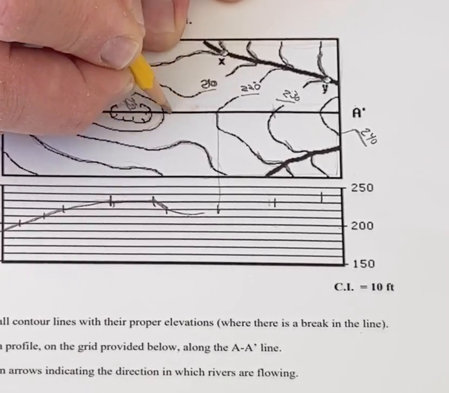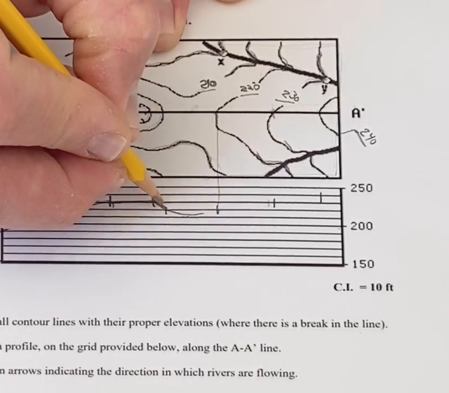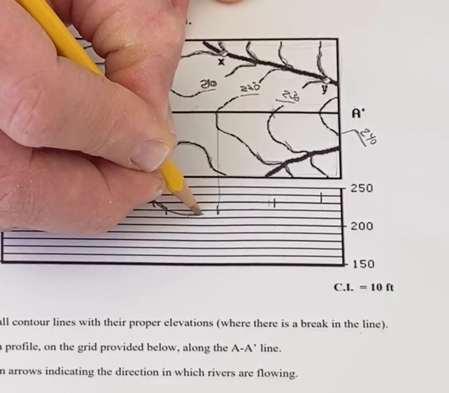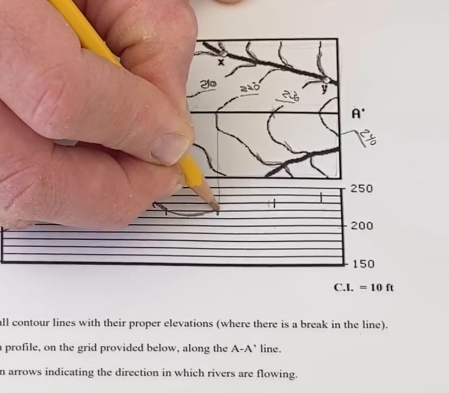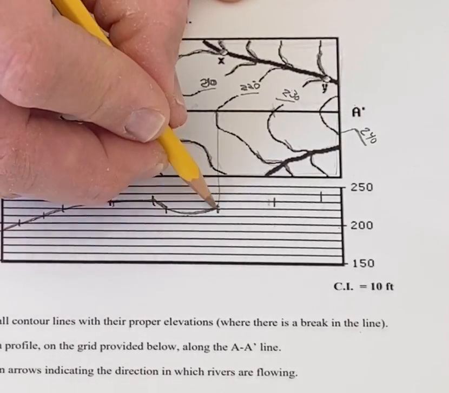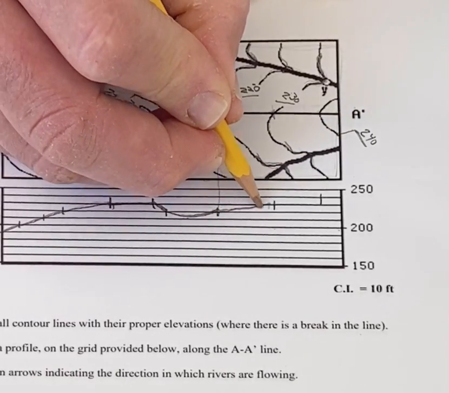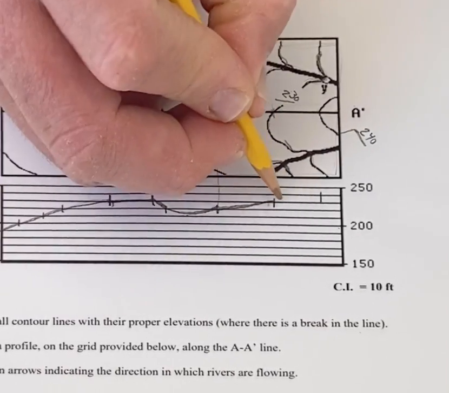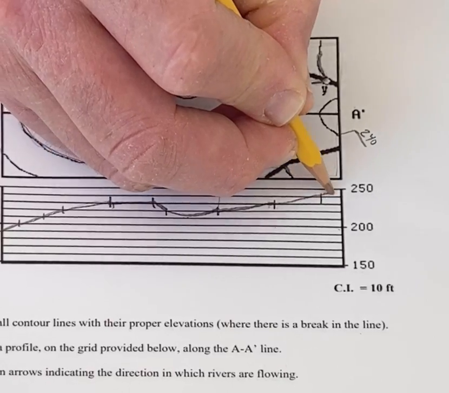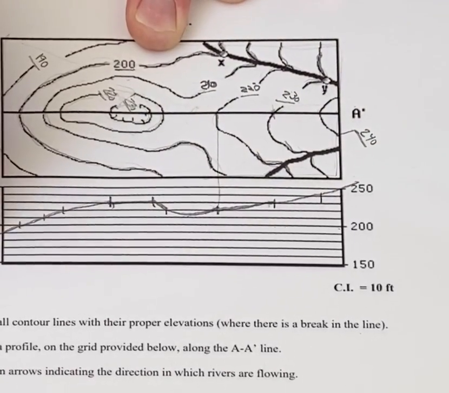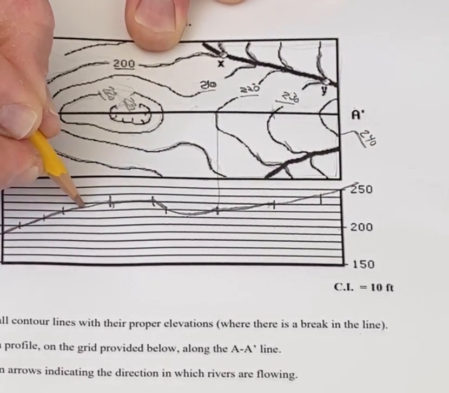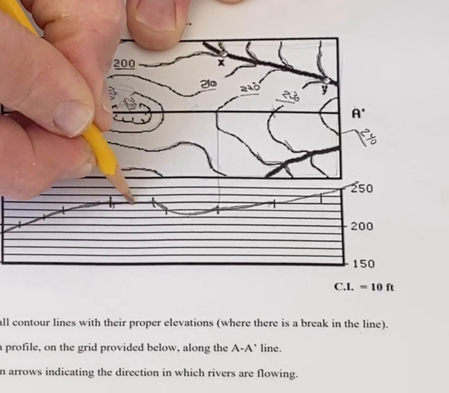It does not cross through here, so we're not going to hit 210, but it probably continues down a little bit and then swoops back up. Sorry, this surface is horrible. Swoops back up, and so on. Okay. So this is what that contour looks like in profile view.